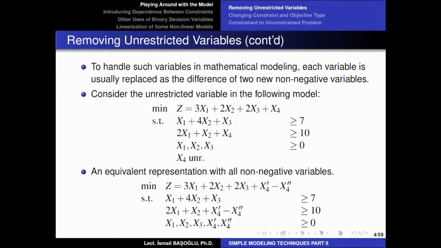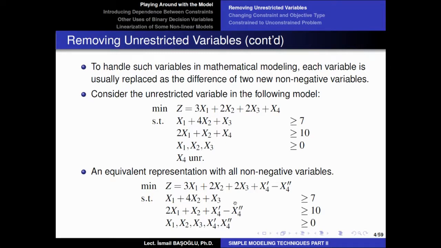It is going to be decided by the objective value. In order to minimize that, the assignments will be made. However, every constraint that contains x4 in it will be satisfied again when you replace all x4 values with the difference of these two non-negative values.